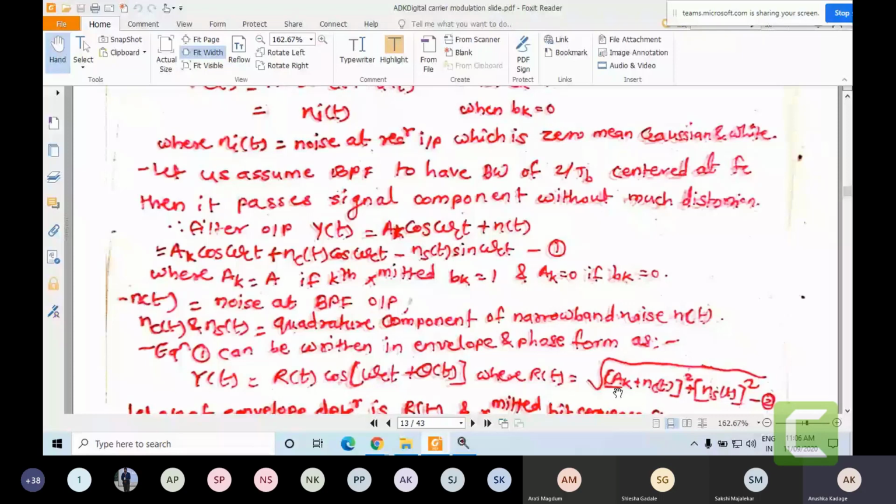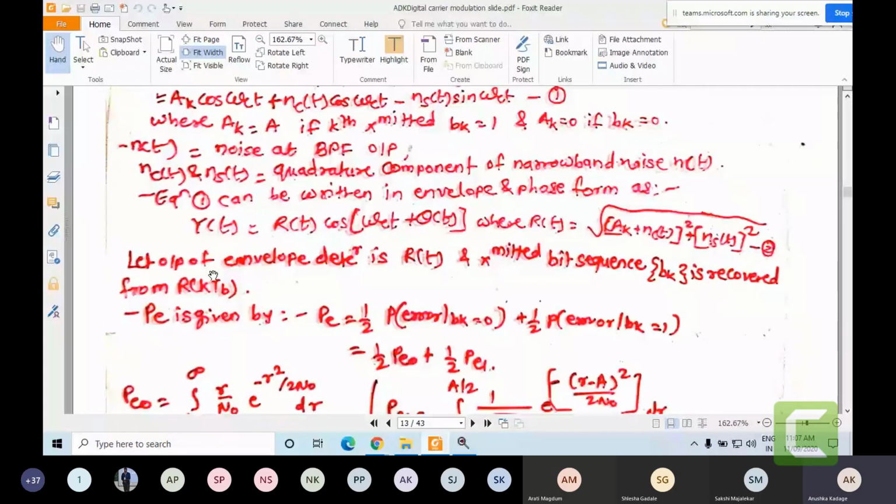The output of the envelope detector is this R(t) signal, and the transmitted bit sequence b_k is to be recovered from the kth instance output of this R(t) signal. And the probability of error is going to lie if I am saying that the transmitted bit is 0, but we are detecting that as 1.